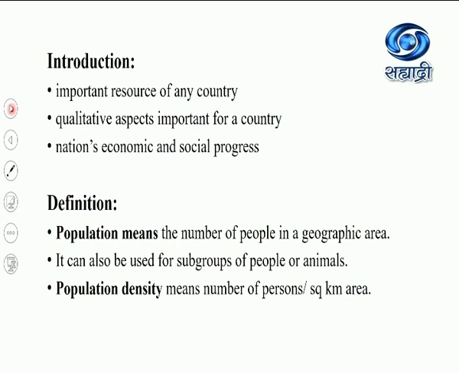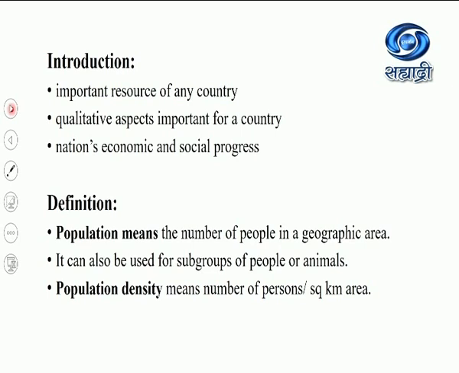Now when we talk about population density, this is also very important for a country. Population density means number of persons living in 1 square kilometer area. So how many people can accommodate, how many people survive in 1 square kilometer area is the population density.